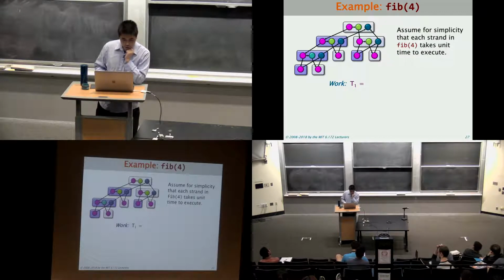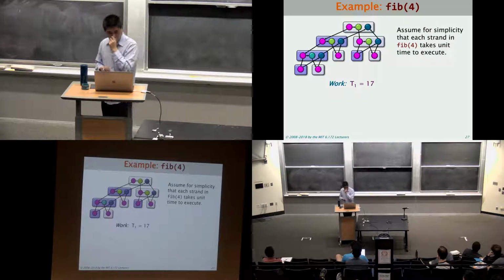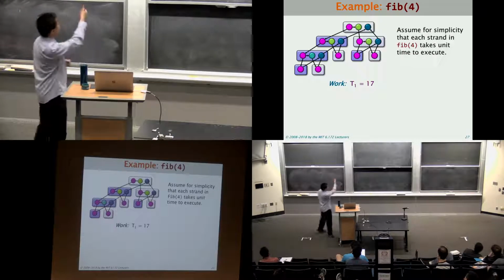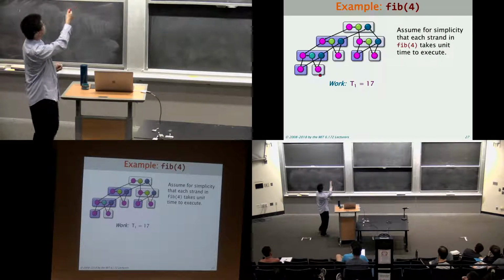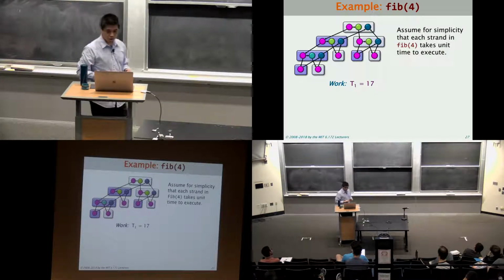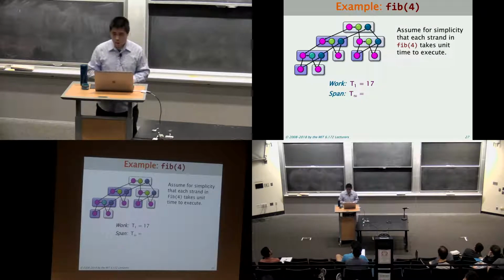So what's the work of this computation? 17, right. So the work is just the number of nodes you have in this graph, and you can just count that up and you get 17. What about the span?